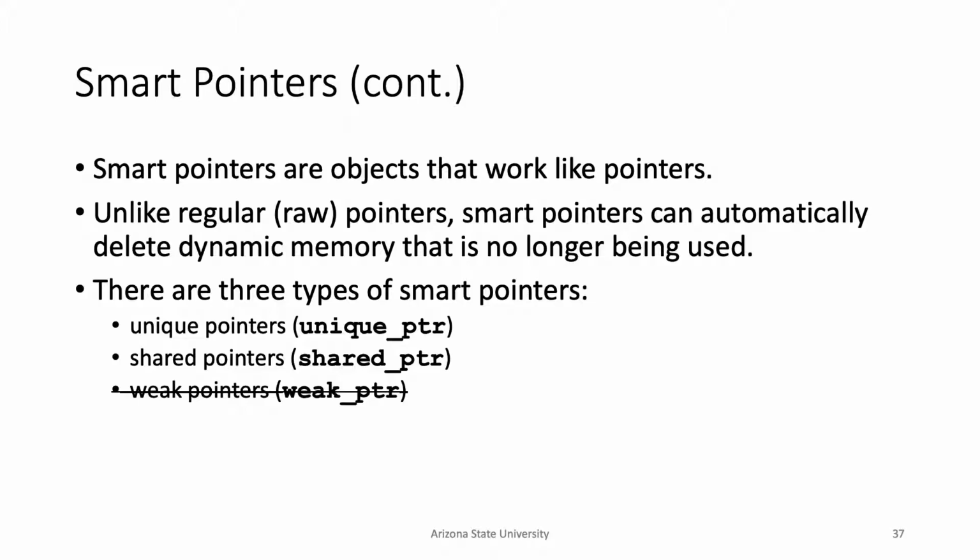There are two types of smart pointers. The first is a unique pointer. A unique pointer is saying that I have a resource right here, and I am the only one pointing to this resource. There's no one else pointing to this resource at all. So I'm the sole owner of that object. The other type is a shared pointer.